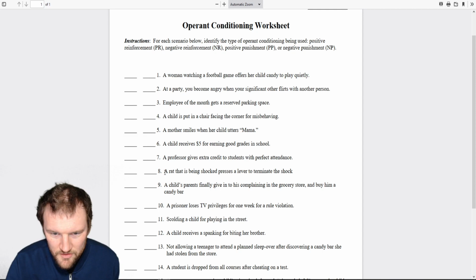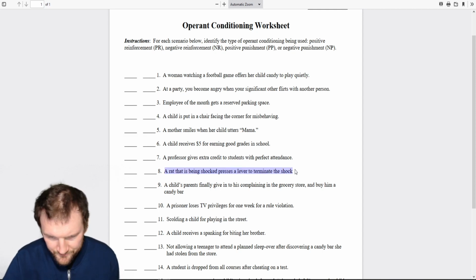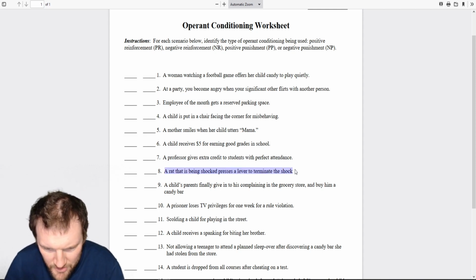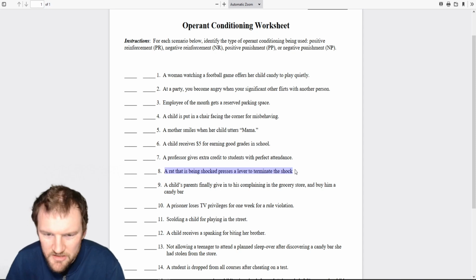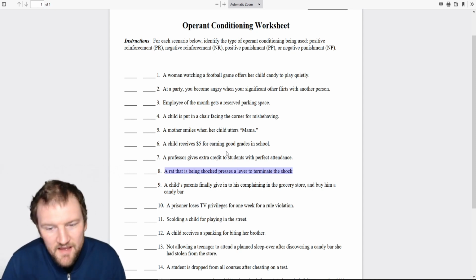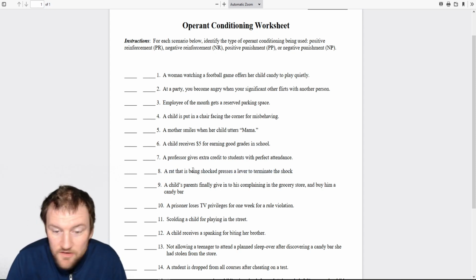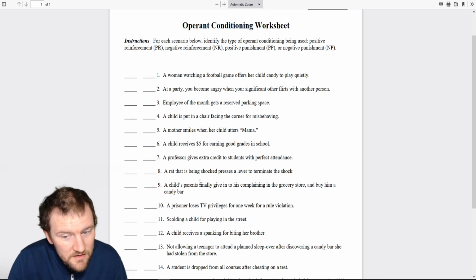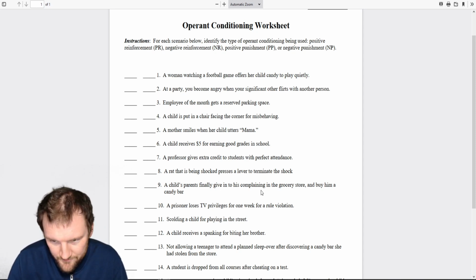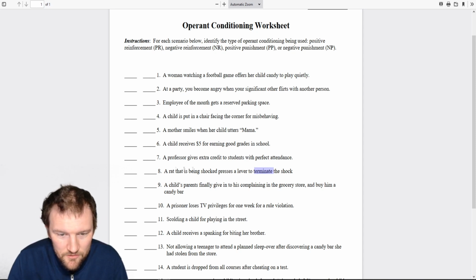Let's go to number 8 because it's kind of confusing, and then maybe 9 and probably stop there. The rest can be you. Number 8, a rat that is currently being shocked presses the lever to stop the shocking. Is something being added or taken away? Since the shock is being removed, that would be negative.